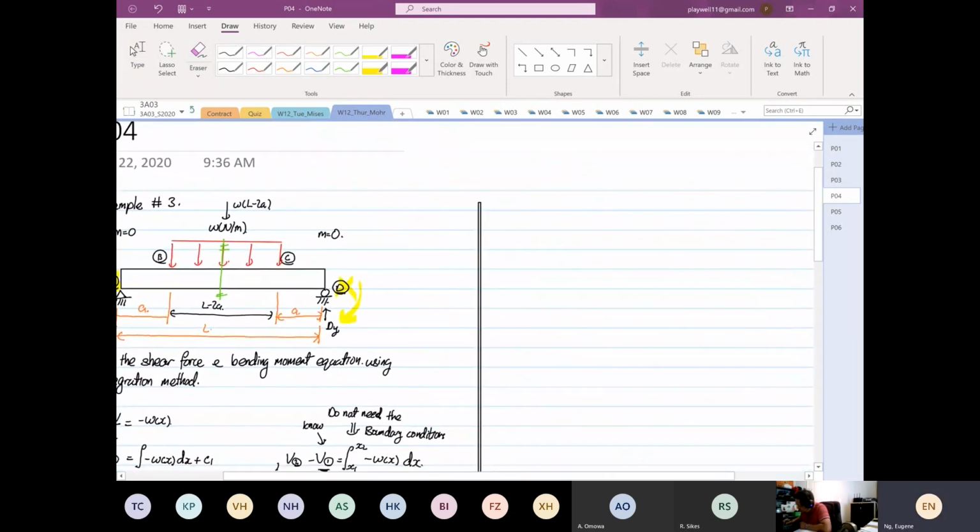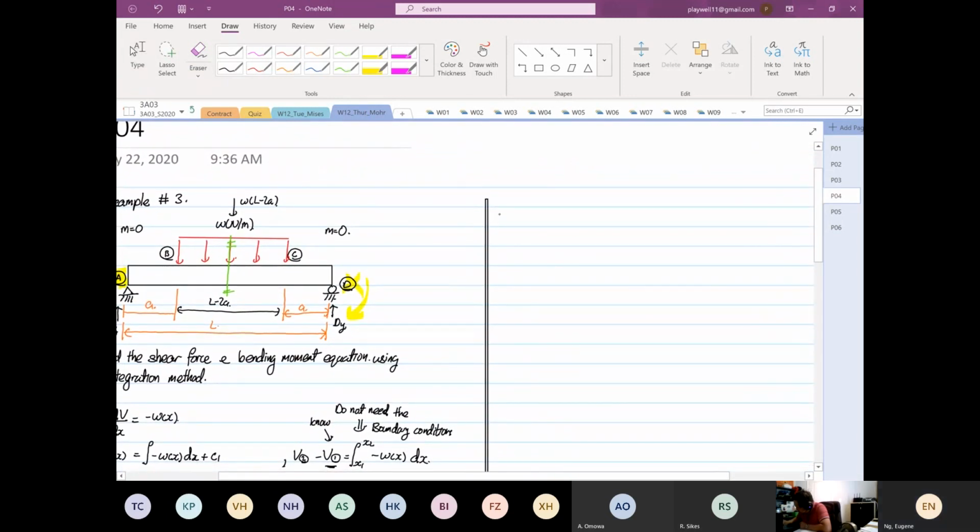So now we are going to do between point A and point B, and 0 to A. What we're going to develop now is a function. It's not a constant like before, because it's ranging from point A to point B.